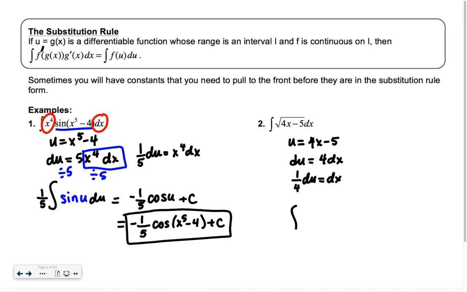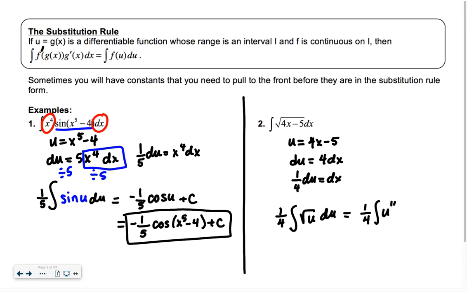And I replace, so I have the square root of u replaces that square root of 4x minus 5. And the dx is replaced by 1/4 du. So it's set up so we are able to integrate. So I get 1/4 the integral of u to the 1/2 du.